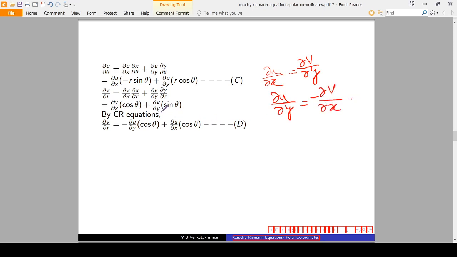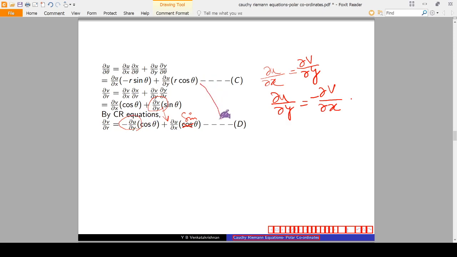So now here dou v by dou y is replaced with dou u by dou x, but of course here I should have not cos theta, I should have sin theta. There is a typographical error. It has to be sin theta. So I'll have dou u by dou x into sin theta for this term. And dou v by dou x is replaced with minus dou u by dou y here.